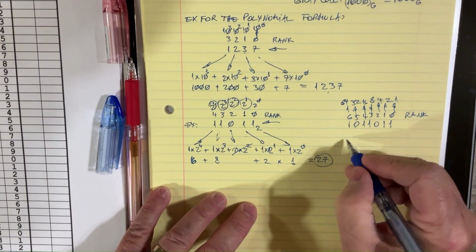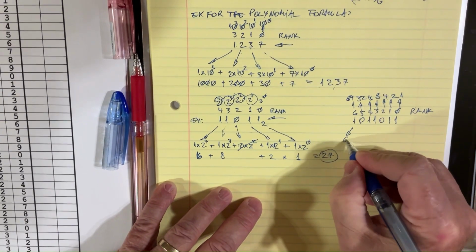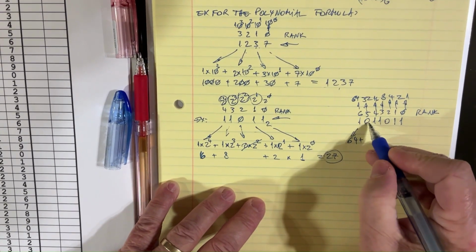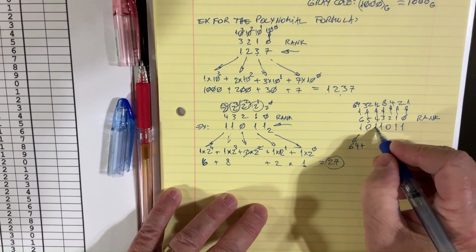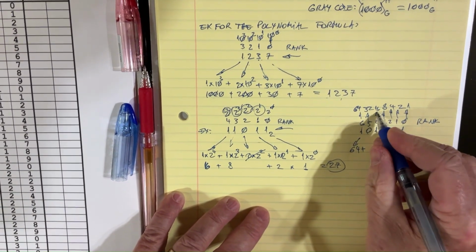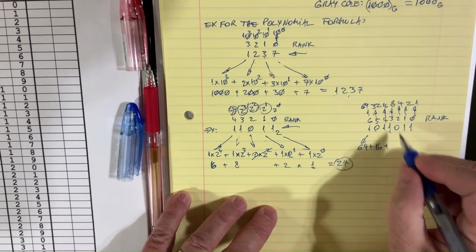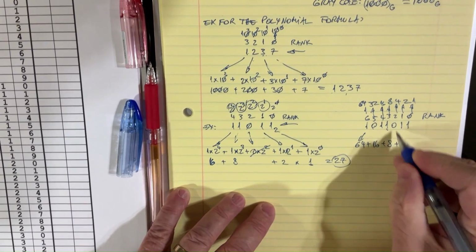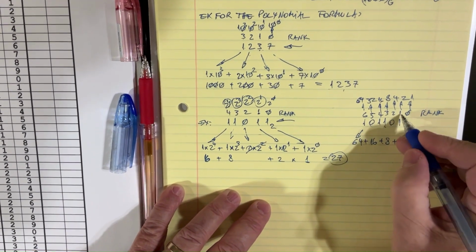So then, is 1 times 64 plus 0 times anything else is a 0. I don't care about it anymore. The one here is times 16 plus the next one here is 8. The next one here is 0 times anything else is a 0, so I don't care about it.